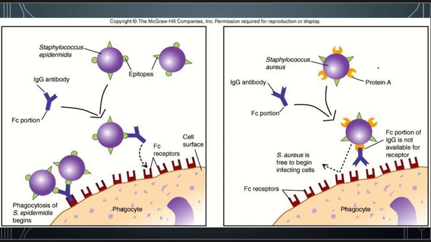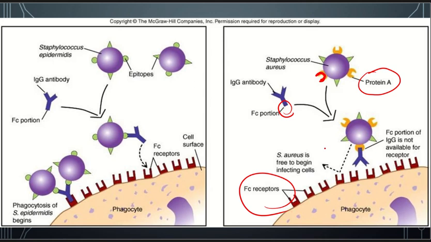And so this is one of the primary virulence factors of Staphylococcus aureus. It has that protein A, which is pretty much going to act like that Fc receptor that our cells have. So it's basically copying our immune cells.